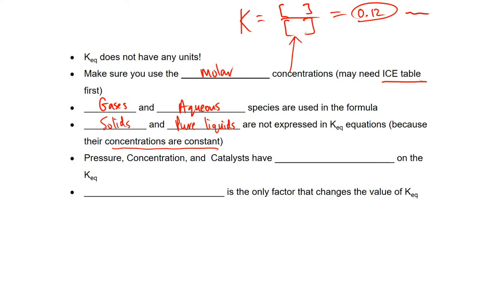The last couple points, also really important. Things that we know might affect an equilibrium, like pressure, concentrations, catalysts, we know don't affect an equilibrium, but things like changing the pressure or volume and concentration from Le Chatelier's lesson, these don't actually change the KEQ value, okay? And that can throw some people off sometimes.